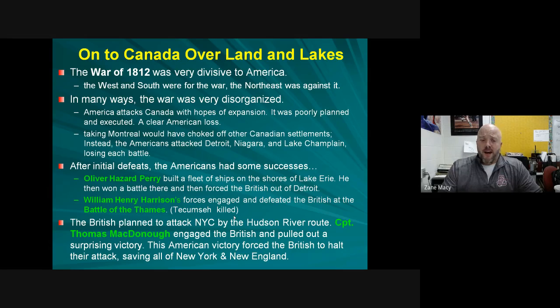In the West and the South, there was a lot of support for a war against Britain. In the Northeast, a lot of people tended to be against the war with the British. They might have been more accepting of a conflict with the French, but not the British, because think about the regions that I'm talking about here in the first bullet. In the West and the South, this is really the frontier region.